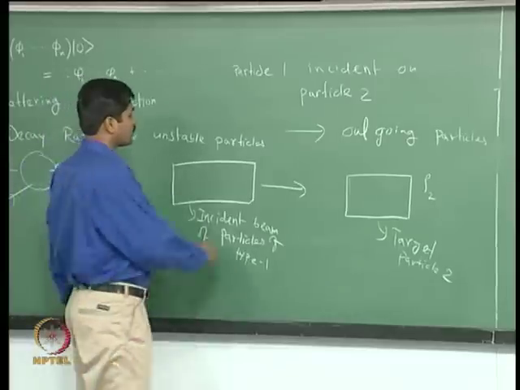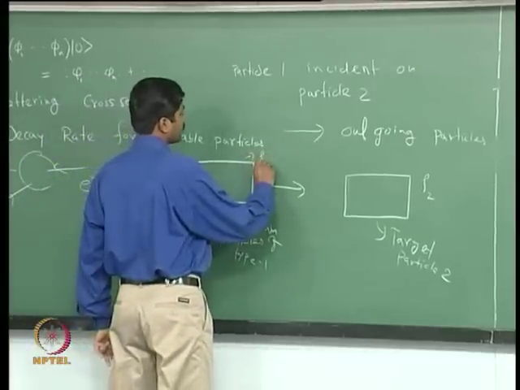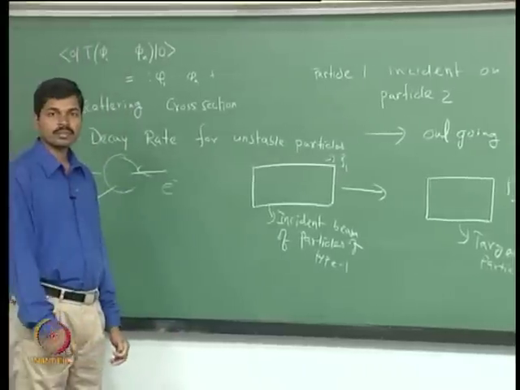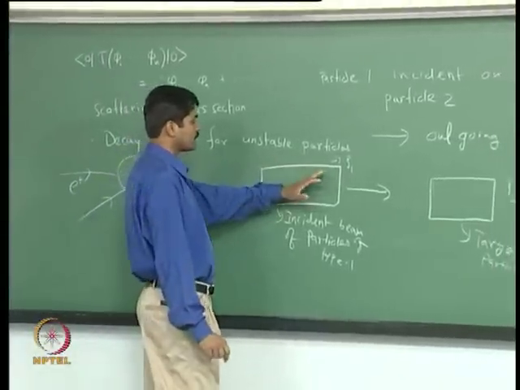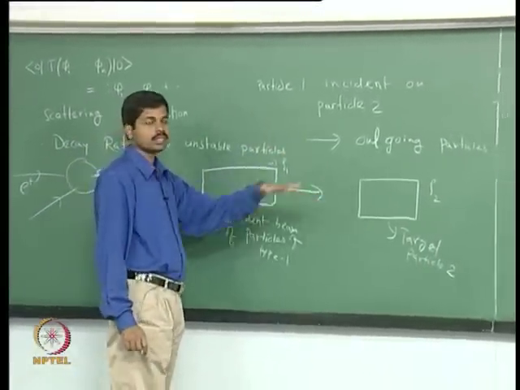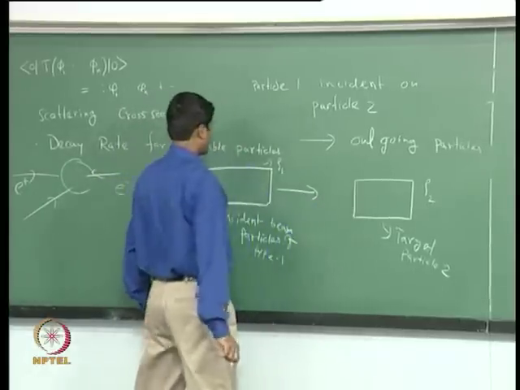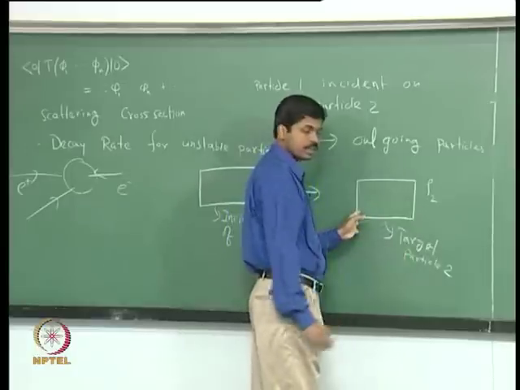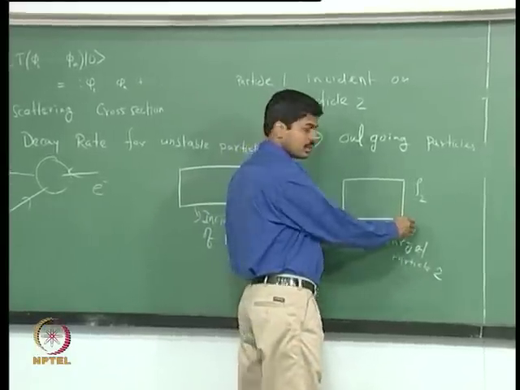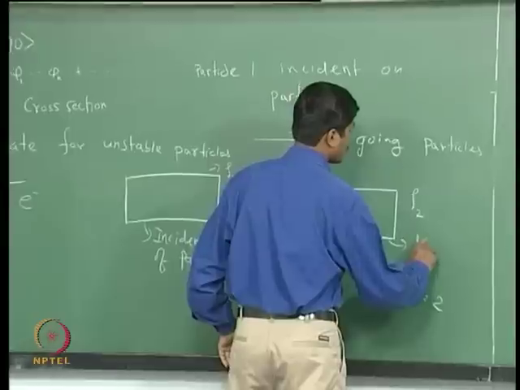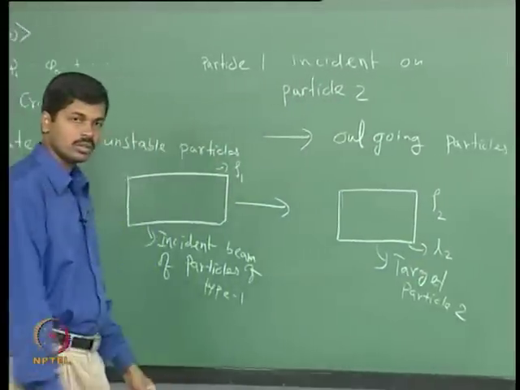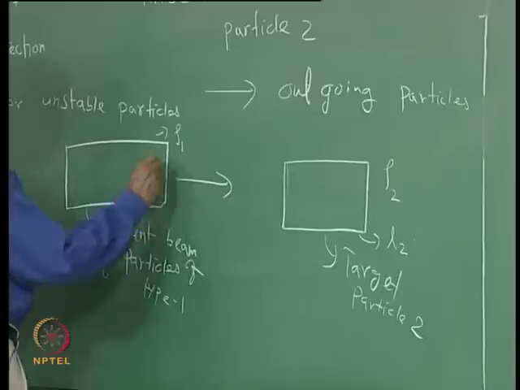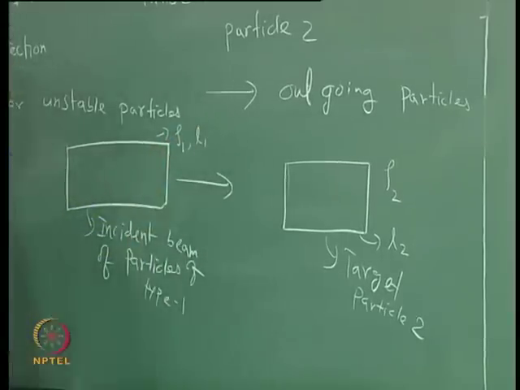It also depends on the density of the incident beam. If it is not dense at all, then the number of scattering events will be less, and so on. This will also depend on the thickness of the target here, which I will call L2, this length here. Similarly, it will also depend on this L1.